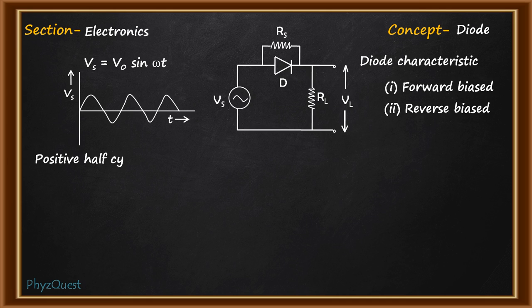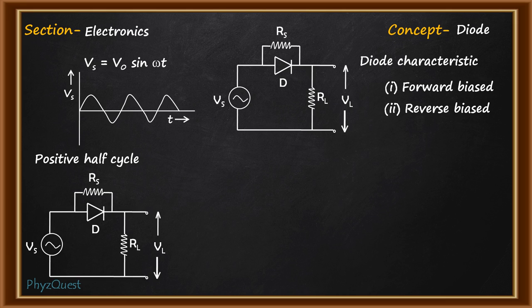During the positive half cycle of the voltage source, the diode will be forward biased. That means it will conduct the current, so it is equivalent to a short circuit. In this scenario, the current will prefer to flow through this path instead of passing through the parallelly connected resistance Rs, because when it is a short circuit there is no resistance here.